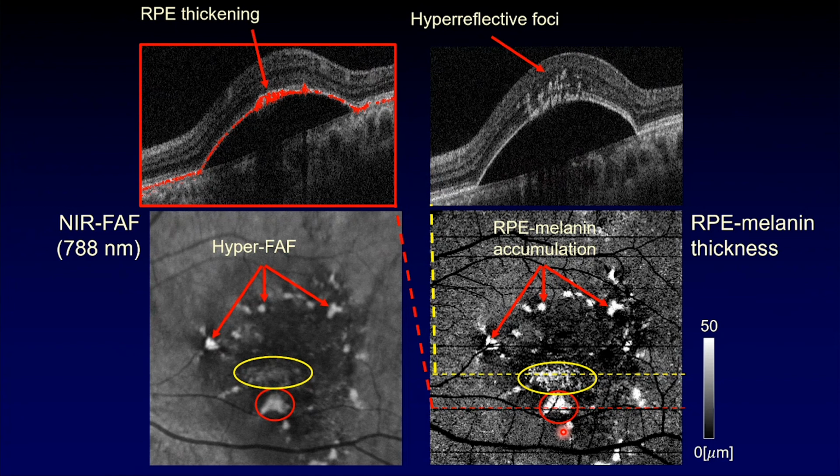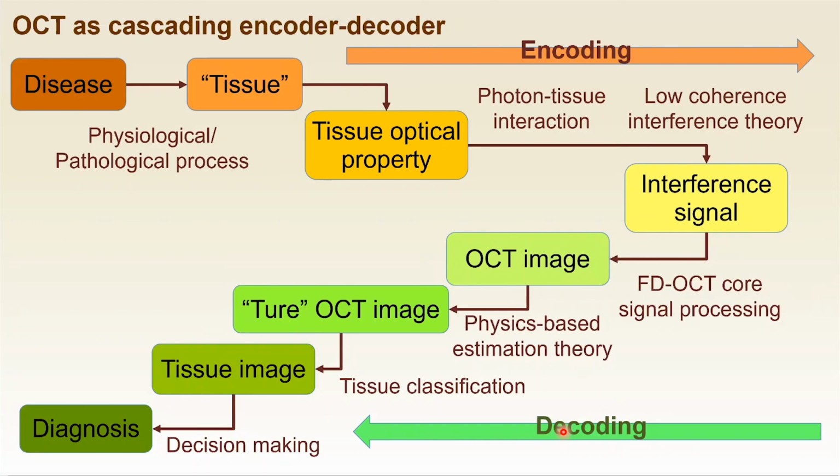So far I was talking about only the Jones matrix OCT, but this is the last slide of today's lecture. Recently I started to talk about the entire framework which can comprehend the measurement itself, the activity of the measurement itself. Now the OCT is measuring the tissue, right?